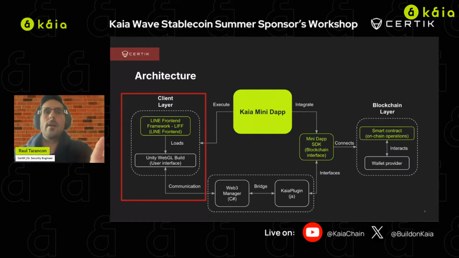With this framework, we can run the Kaia Mini-Dapp in the Line application. And we also have the Unity WebGL build, which is the user interface. As a developer, we can also use other game engines like Cocos, or just a common user interface without a game engine.